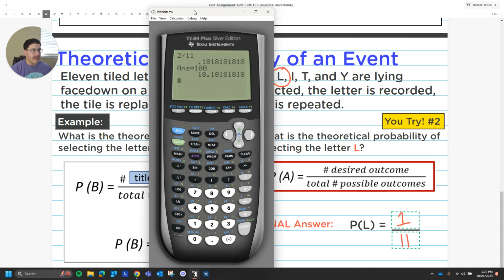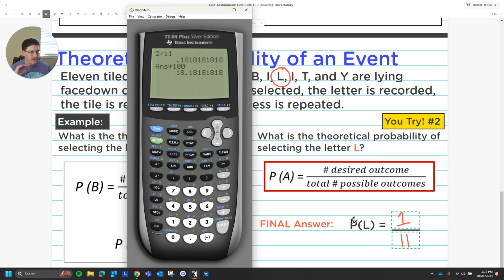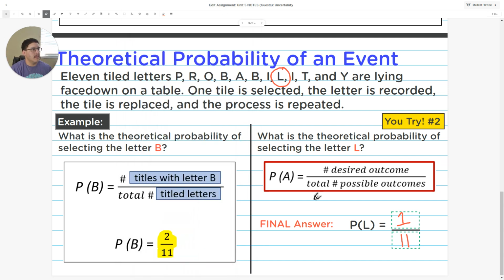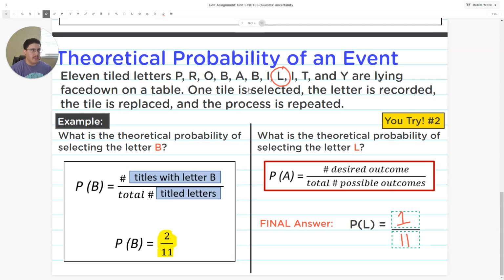And that's it. That's your fraction. That's your probability, your final answer. 1 out of 11, which is 0.09 as a decimal, and as a percent, 9% of the time, you're going to choose the letter L from 11 tiles that you're picking randomly. That's it for you try number 2.